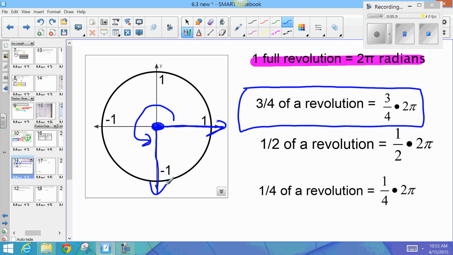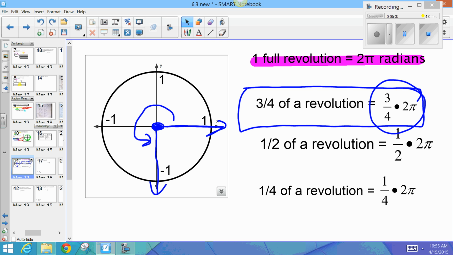Well, over here in blue, let's simplify what 3/4 of a circle would be. If I wanted to know 3/4 of a circle, I'm going to take 3/4 of 2 pi. That's this calculation over here.